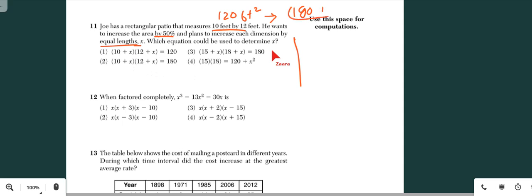That is how I get the new area, using the condition that it will be 50% more than the previous one. Then each of them will be increased by x. The new measures would be x plus 10 and 12 plus x, that is equal to 180. Is it clear? So the equation is x plus 10 and 12 plus x equals 180.